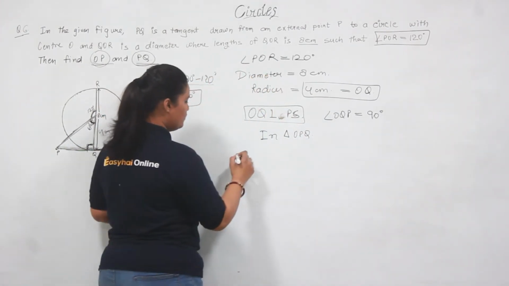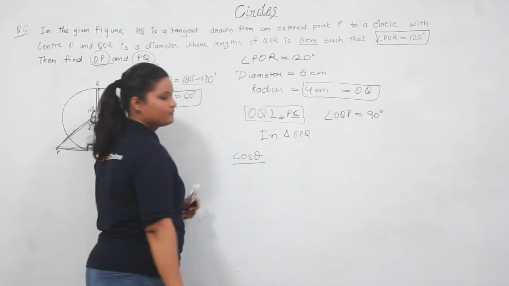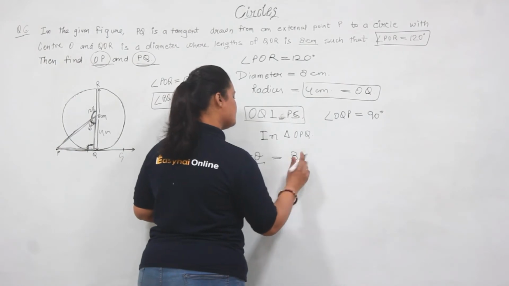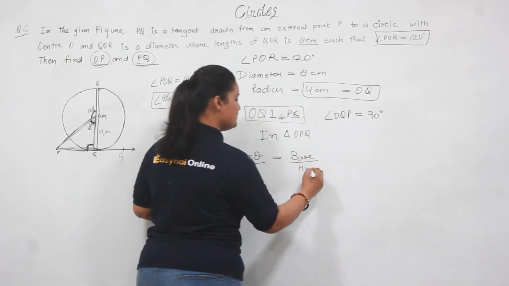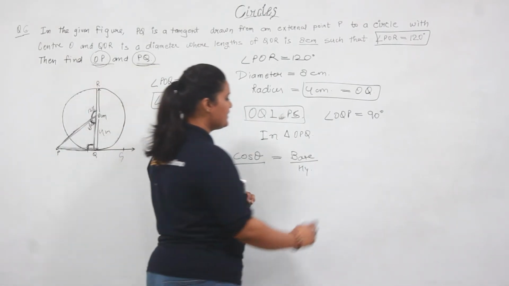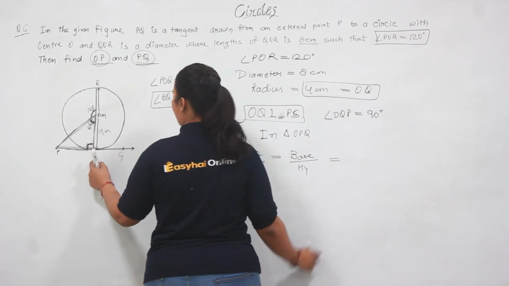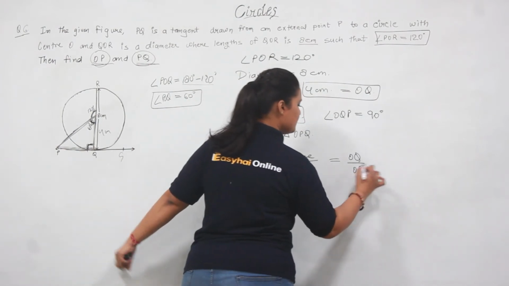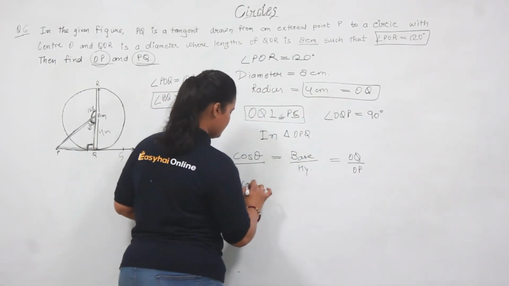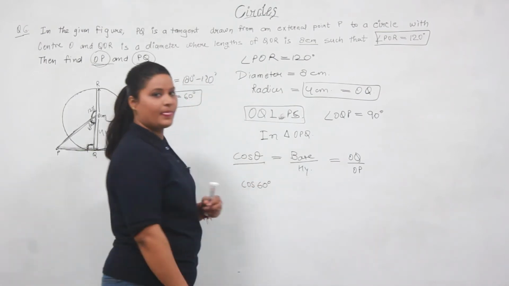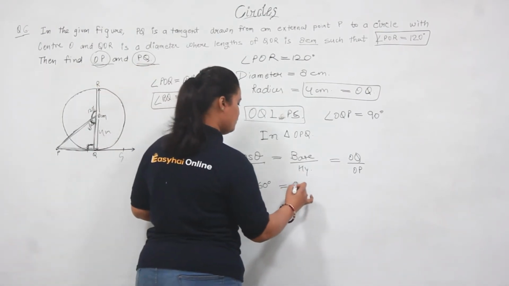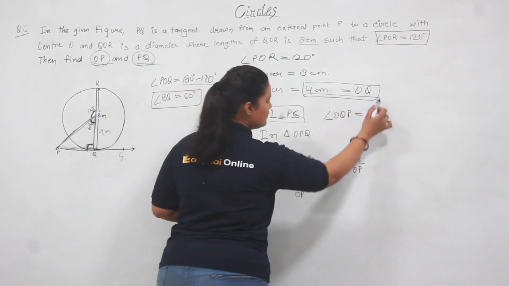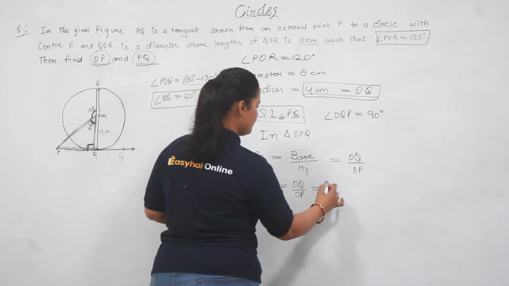Have you learned about cos theta? Cos theta is equal to base upon hypotenuse, right? And base is what? Base is OQ and hypotenuse is OP, right? And theta is what? Theta is 60 degree. So cos 60 is equal to OQ upon OP, where OQ is given 4 centimeter.